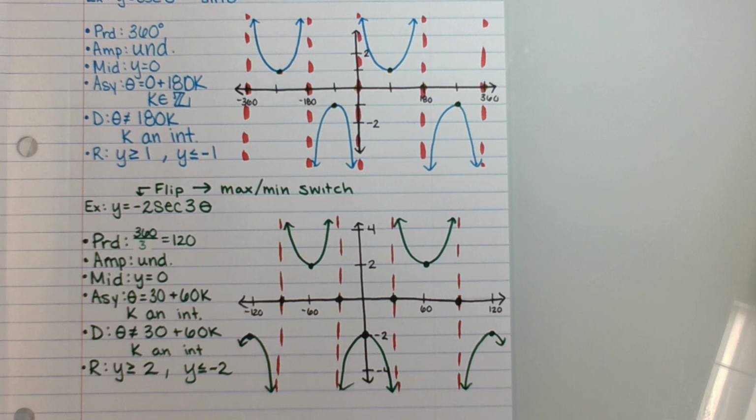What's the reciprocal of 100? 1 over 100, right? Or 0.01. What's the reciprocal of 50? 1 over 50, in other words, 0.02.